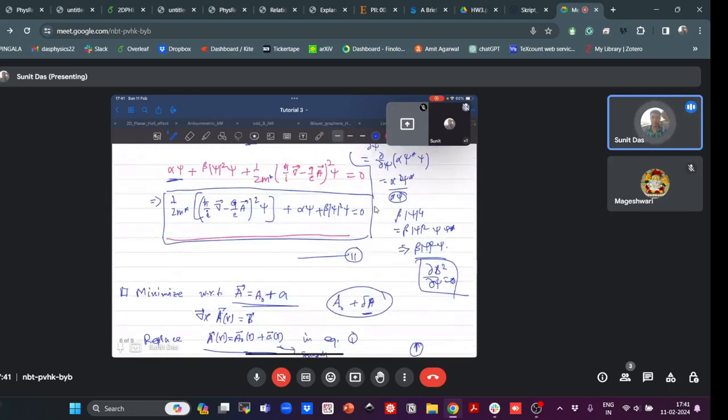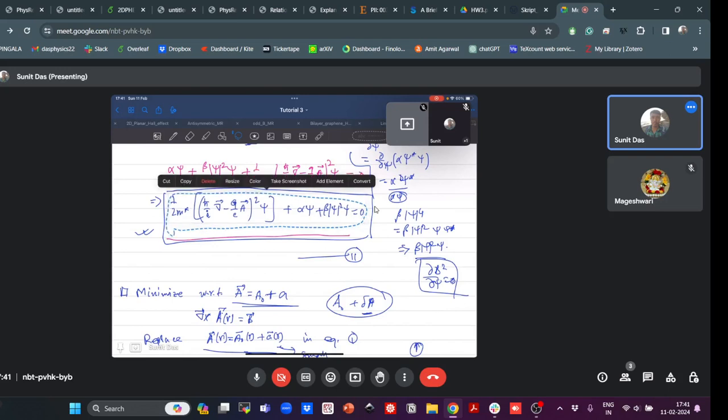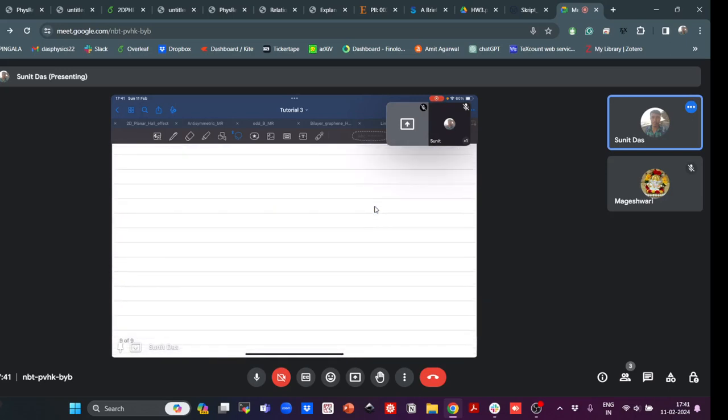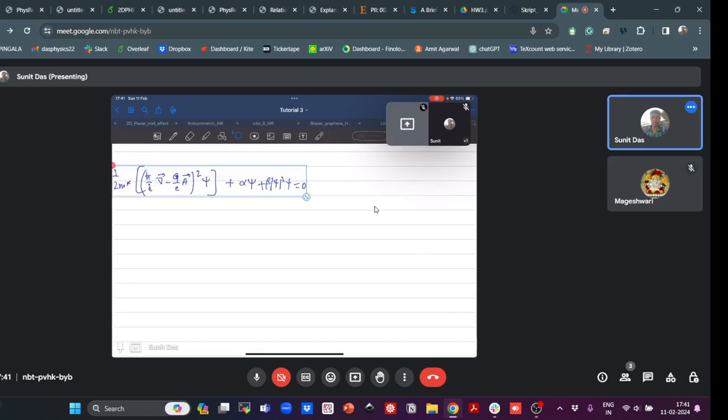So this was our first equation, right? If we take it directly, first Ginzburg-Landau equation.